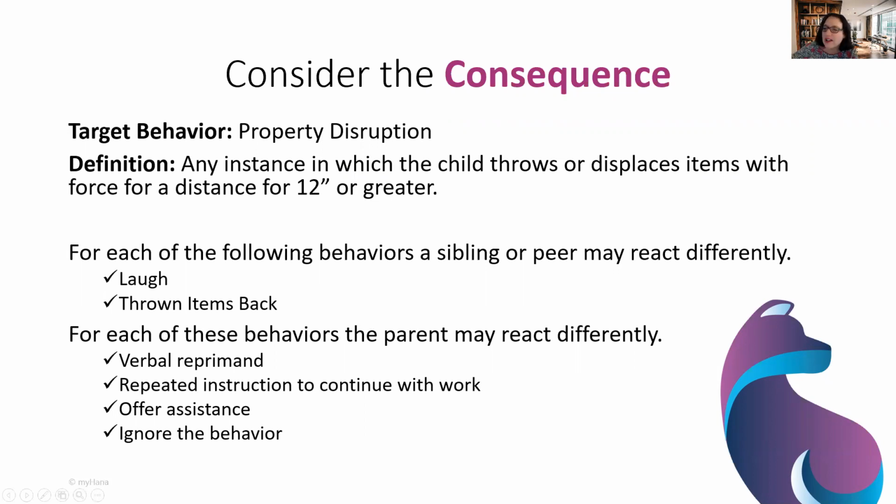For example, they can laugh or throw the item back, and a parent may react differently. They might reprimand the child, repeat the instruction to continue to work, offer assistance, or ignore the behavior. When collecting data on this sort of thing, we look for patterns. What's working, what isn't? Does it always happen this way? What's occurring immediately before and after? And considering all the things in the environment.